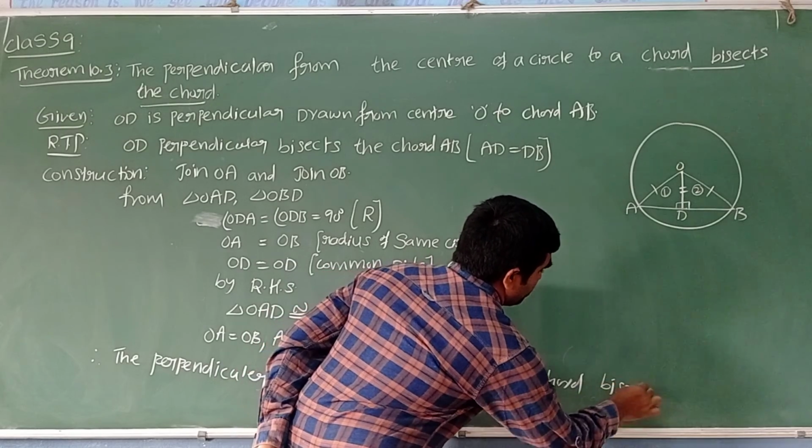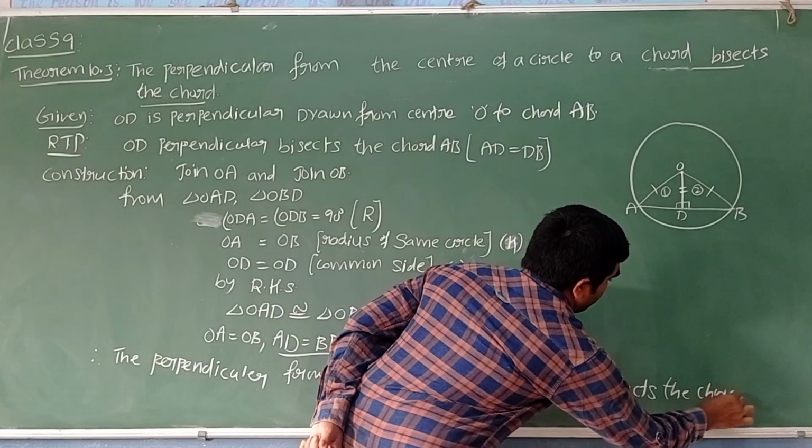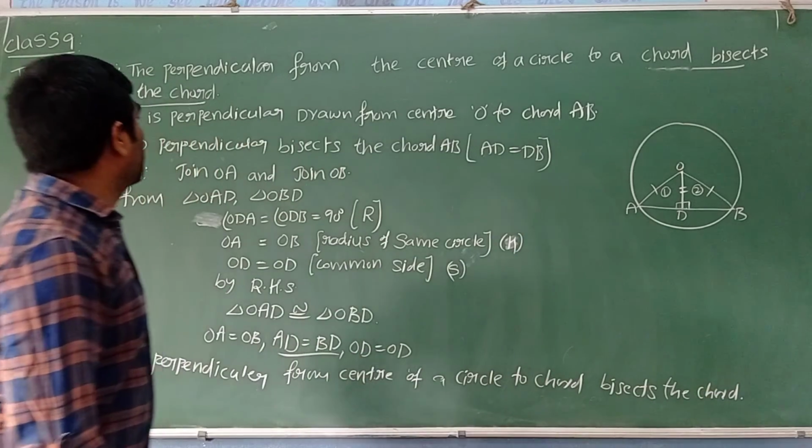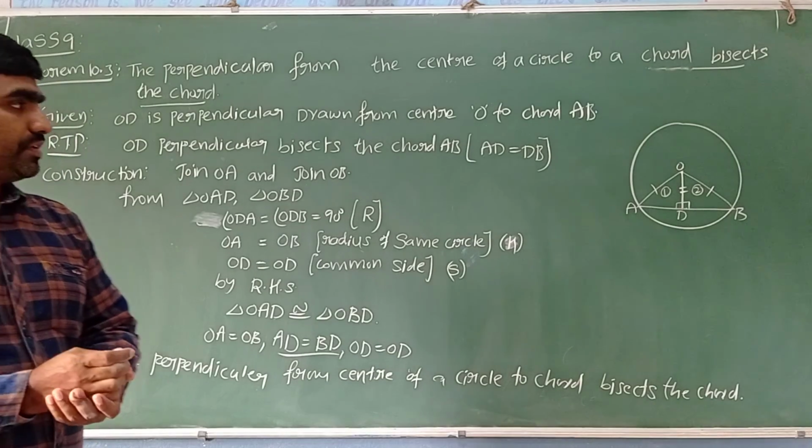Bisect the chord means it divides the chord into two equal parts. Hope it is clear, everyone. Thank you.